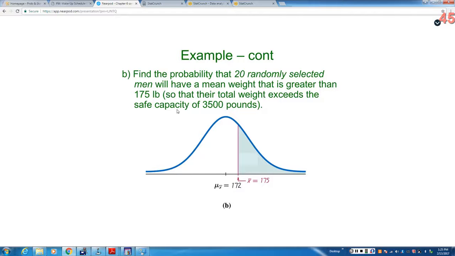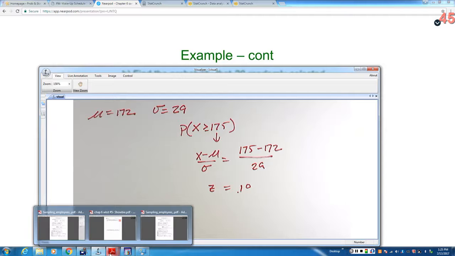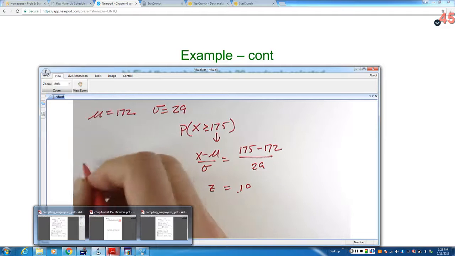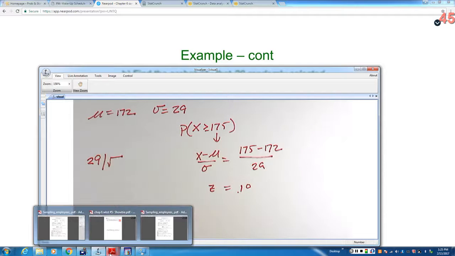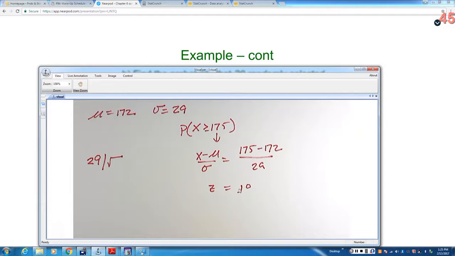So in this case, we want to find the standard error. So the standard error is 29 divided by the square root of, what was my sample size there? 20. So the square root of 20. So what is that number going to be?